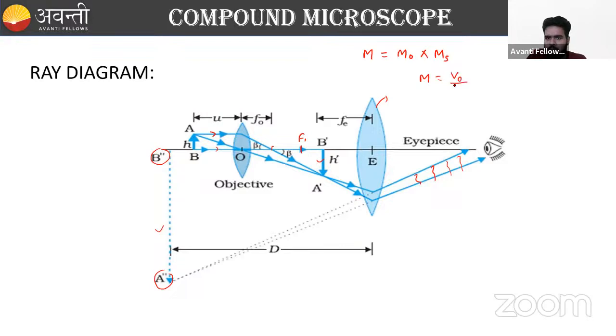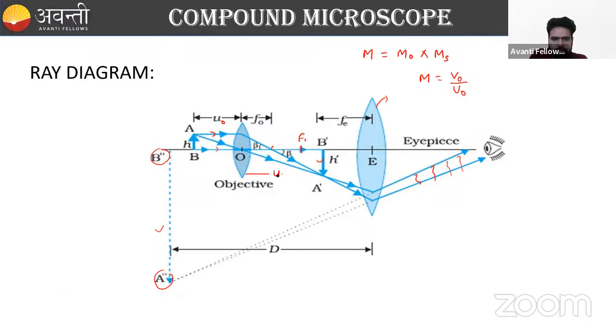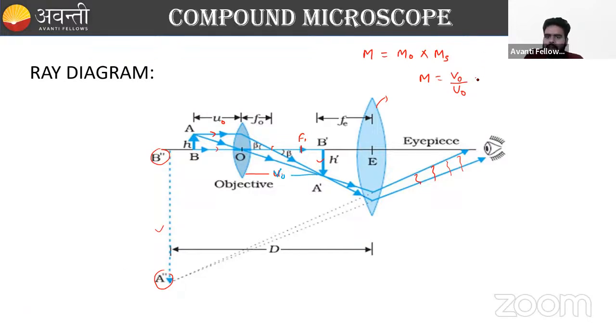We can say V naught. What is the U? That is U naught. This distance is nothing but U naught, and for the image formed by this objective lens, this distance is V naught. So we get V naught upon U naught.